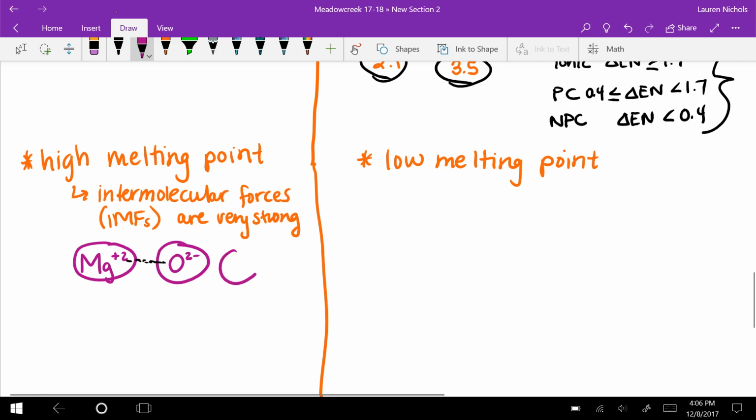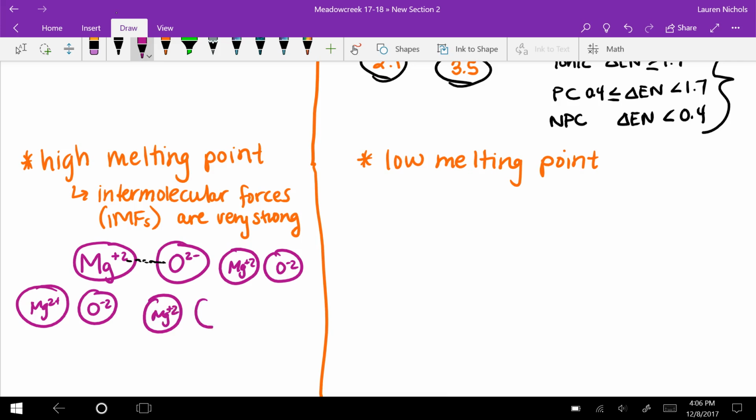What if, on the other side of that oxygen, there's another magnesium ion and another oxygen ion, and underneath it, again, oxygen ions and magnesium ions and even more and more, and it just keeps repeating. Well, who's to say that this magnesium here that we drew originally has to be attracted to the one on the right? Why can't its positive charge also be equally attracted to that one?